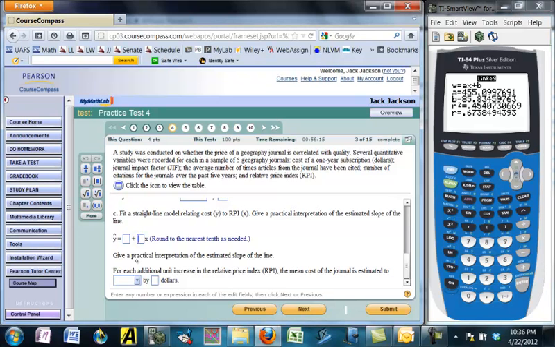So the slope this time is A, 455.1, and the y-intercept is 85.8. For each additional increase in the relative price index, the mean cost is estimated to, again, it's positive, so it increases $455.1.